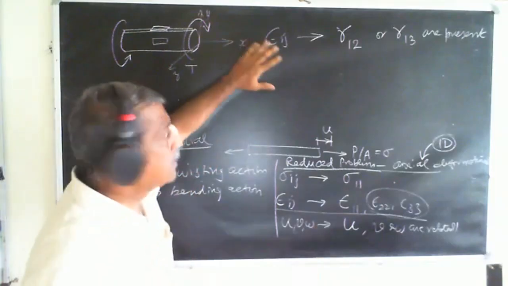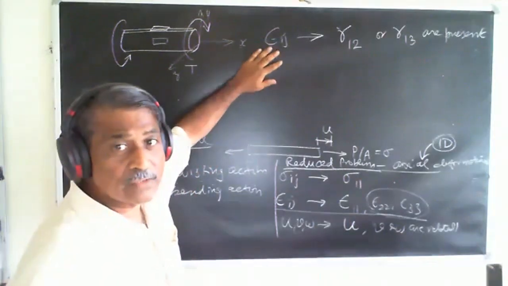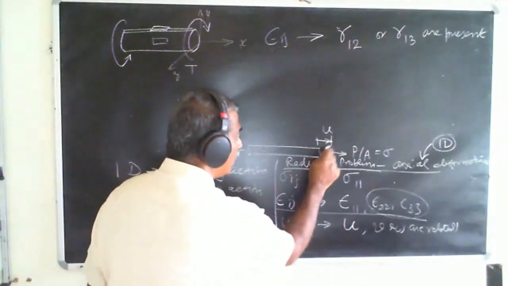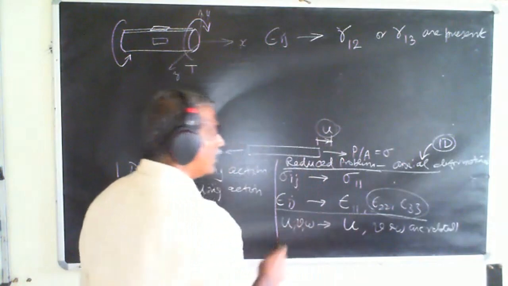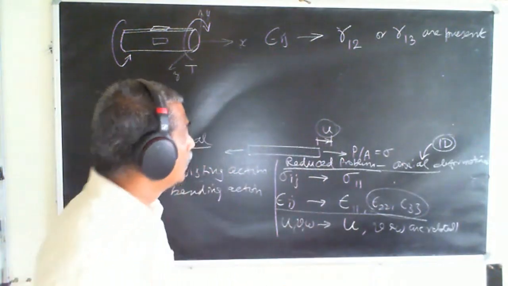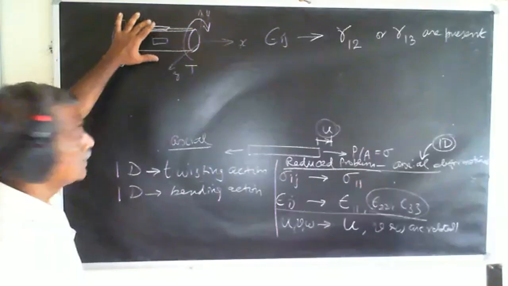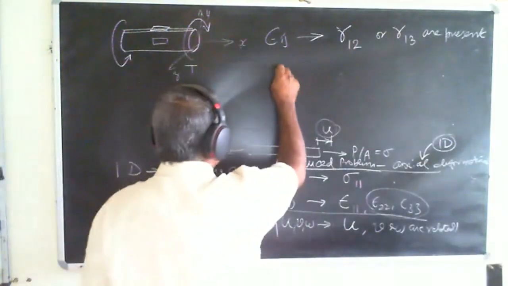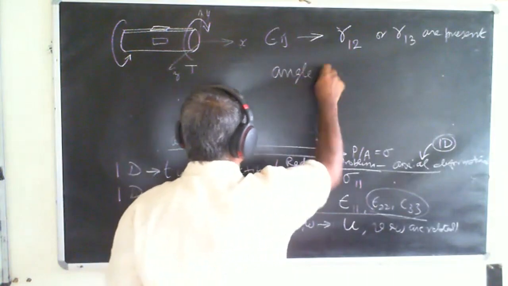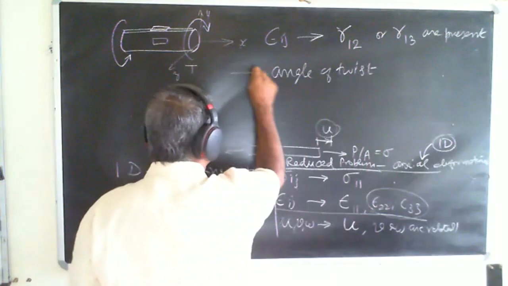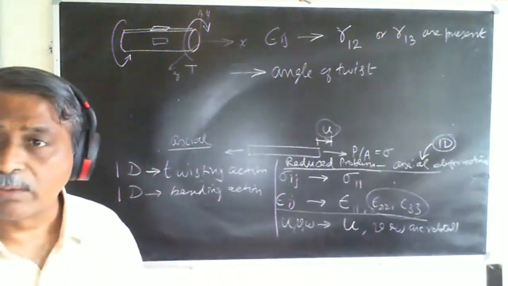Okay, and similar is the exercise that we resorted to as far as this is concerned. Just like what we have here, where u is the displacement or the elongation that we are looking at, in this case, we are looking at angle of twist. So angle of twist was the first quantity that we looked at.